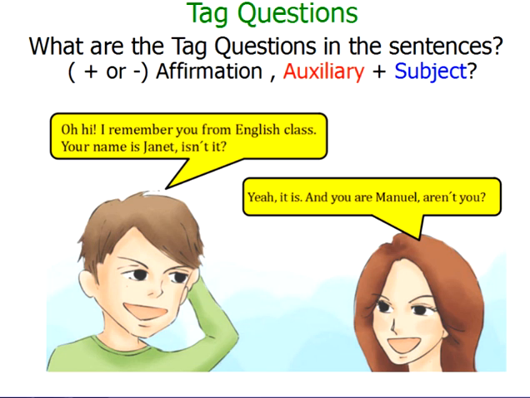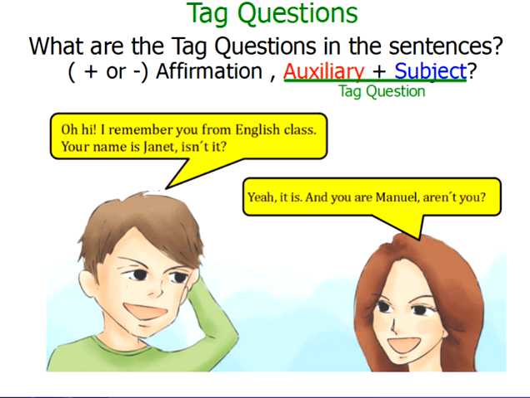Normally a tag question begins with some sort of affirmation, either negative or positive. What makes it a question is that at the end of our affirmation, we have an auxiliary verb and a subject. That is essentially what makes our tag question: the auxiliary and the subject.